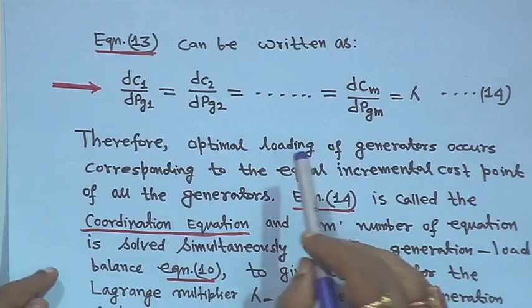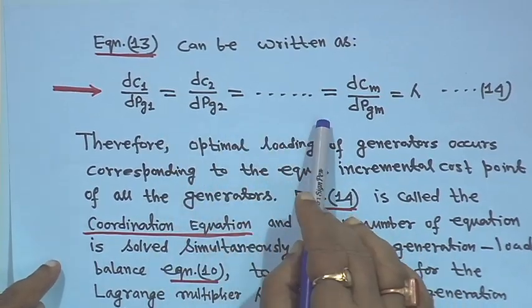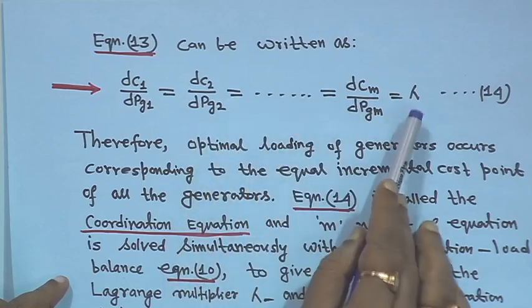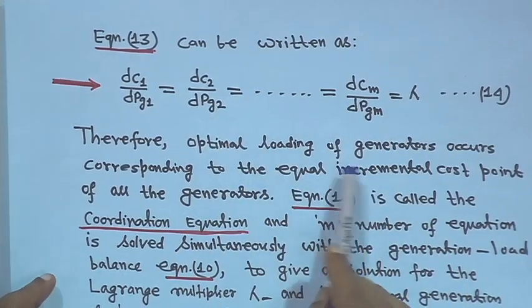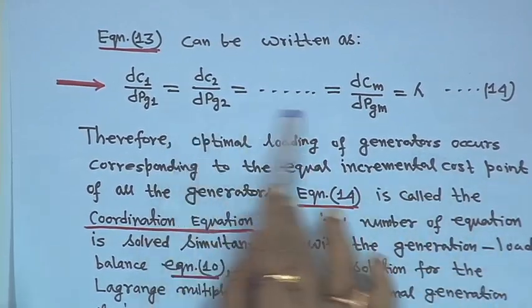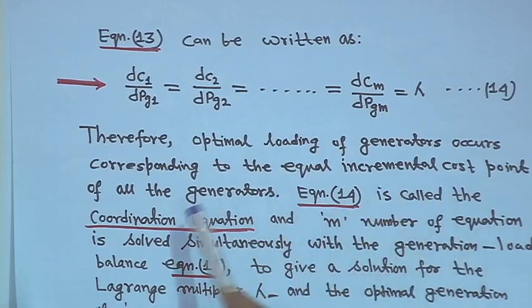That means the incremental costs for optimum operation of all the generating units are equal to lambda. Therefore, optimal loading of generators occurs at the point of equal incremental cost of all the generators.